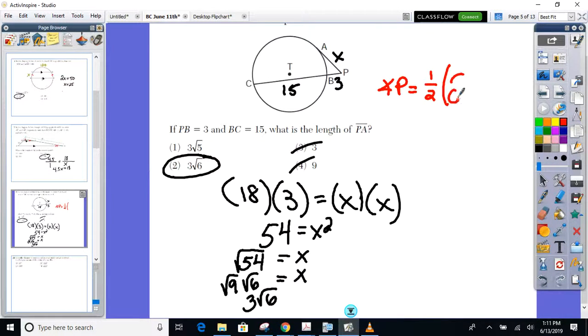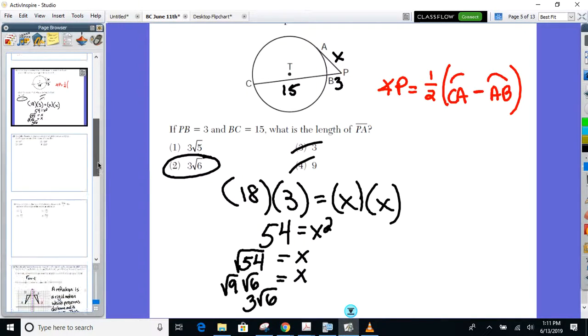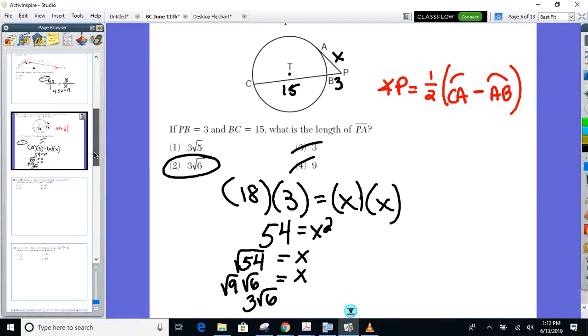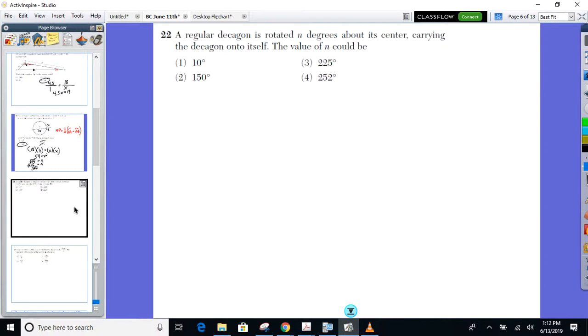There you go. Got a minus when it's on the outside. Subtract them when it's on the outside. Floaters when you add them. What's the difference on the inside? Well, it's either central, inscribed or floater. 22.